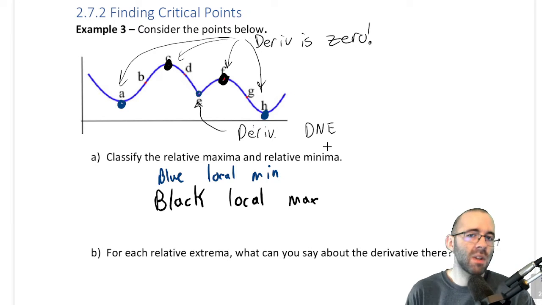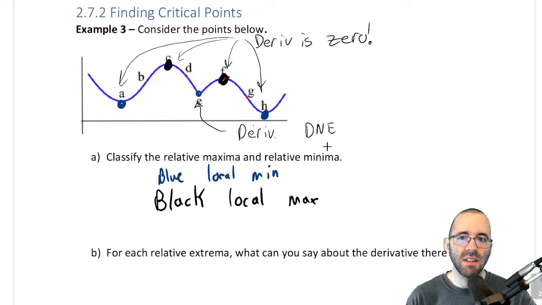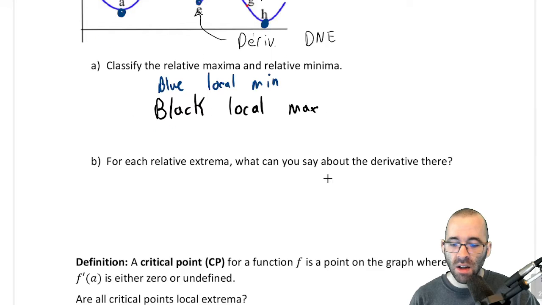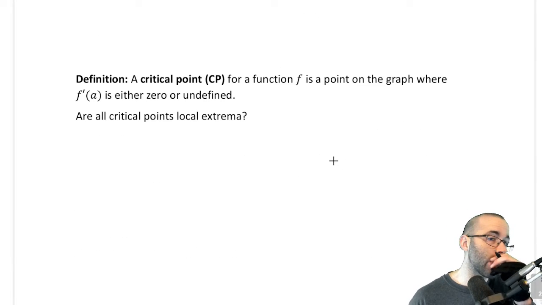We said that we don't have a derivative at corners, at cusps, at discontinuities. So the derivative being 0 is a great thing to look for, but extrema can occur when the derivative doesn't exist as well, okay? And that's going to lead us to the concept of something called a critical point.